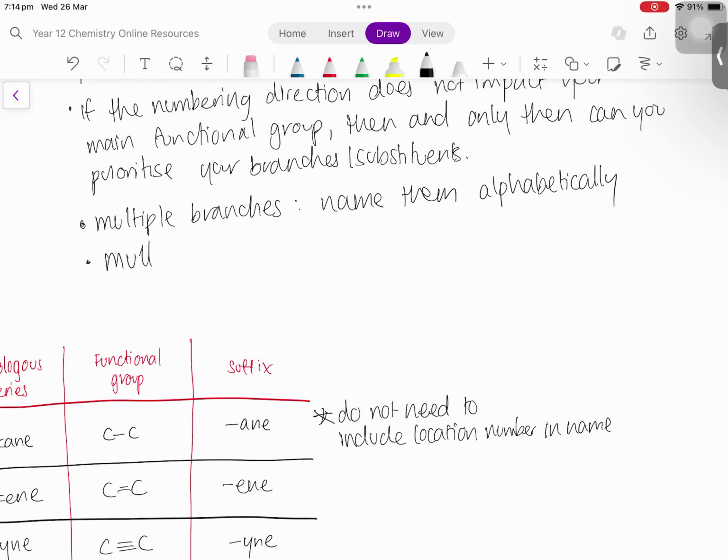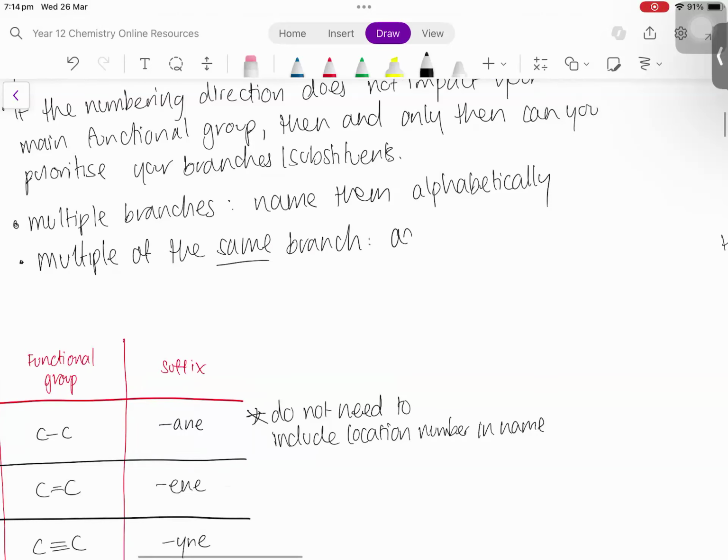If you've got multiple of the same branch, then you need to add a prefix for the number. Okay, now this kind of prefixing that you add is going to be your normal prefixing. What I mean by normal prefixing is the prefixing you use normally in real life, not the ones you just learned: meth, eth, prop, and but.